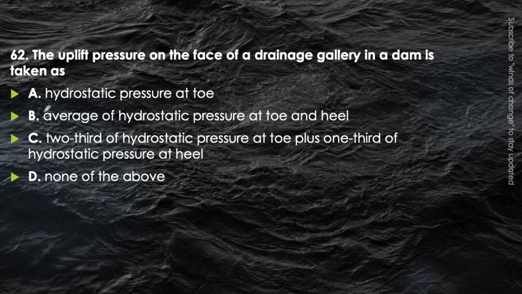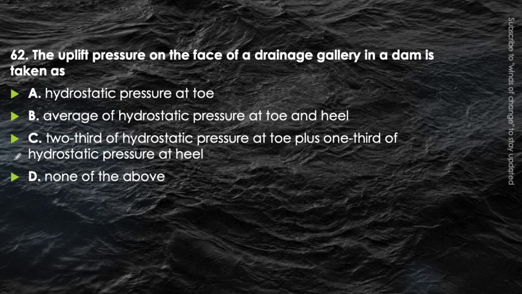Next question: the uplift pressure on the face of the drainage gallery of a dam is taken as. We have to find out the uplift pressure, that is pressure from the bottom at the face of the drainage gallery in a dam. Hydrostatic pressure at the toe, or average of the hydrostatic pressure at the toe and the heel, 2/3 of the hydrostatic pressure at the toe plus 1/3 of the hydrostatic pressure at heel, or none of the above.